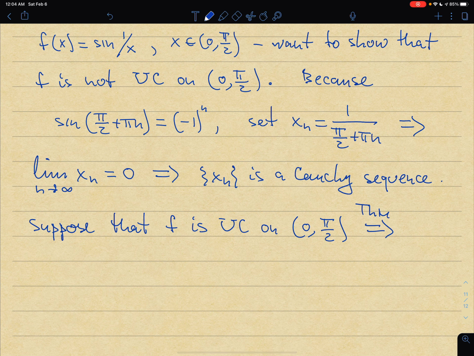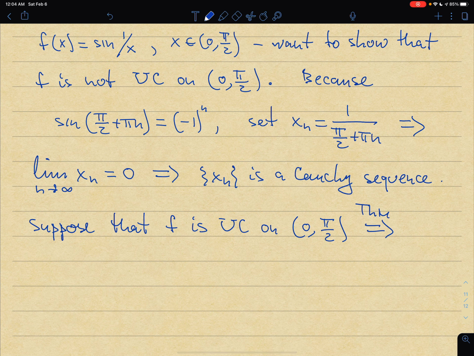Right? On the other hand, what is exactly f of xn? f of xn is sine of 1 over xn, which in our case is sine of 1 divided by xn, that is 1 over (pi over 2 plus pi n), which is sine of (pi over 2 plus pi n), which in turn is (-1) to the n, as we already saw here.